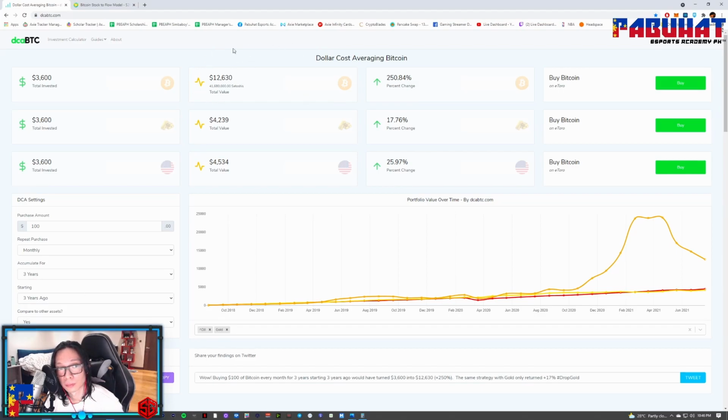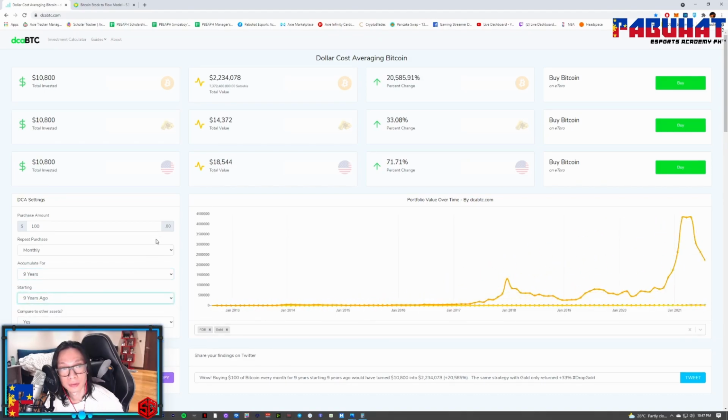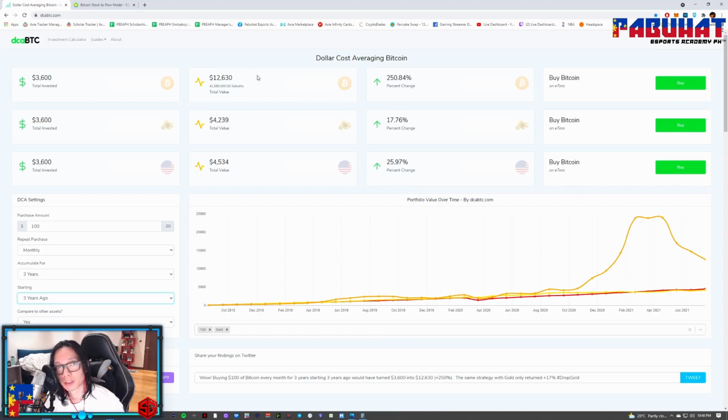As I said earlier, ito yung profit natin. If we increased our time horizon, let's say 9 years, from the total amount that we got earlier, this is what we would get if we had a 9-year time horizon. Pero since hindi naman ganun kasikat ang Bitcoin sa Philippines noon, this would be a more accurate representation.